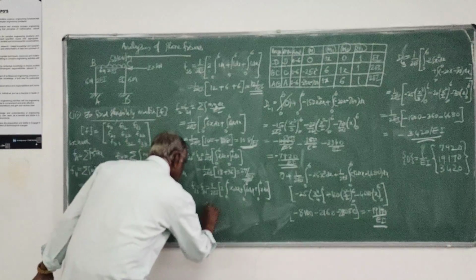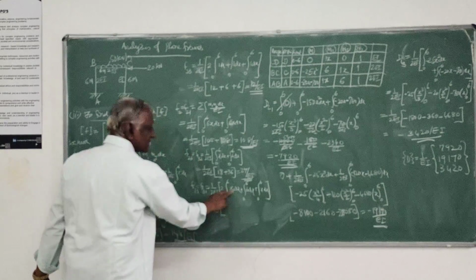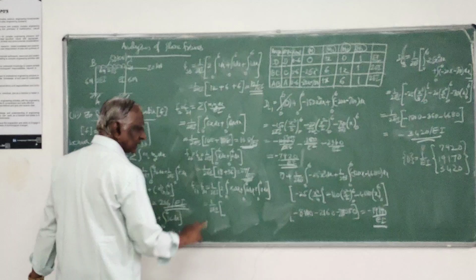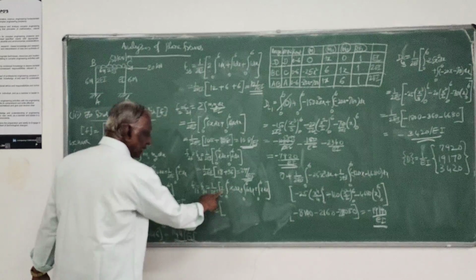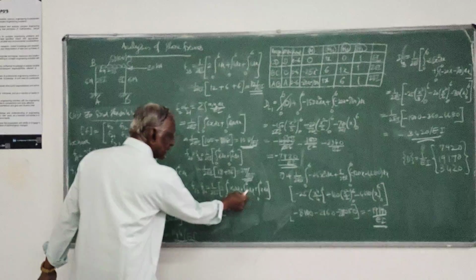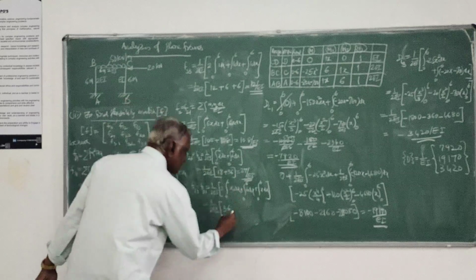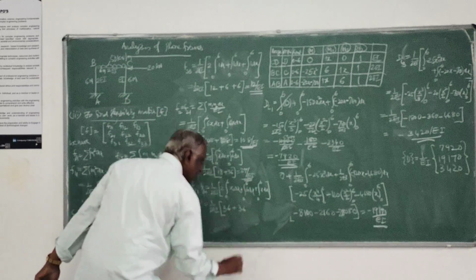So this is 1 over 2EI into, this is x squared by 2, that is 36 by 2, 18, into 2, that is 36. Here it is 6 into x, x is 6, 36. 6 into 6 again 36.